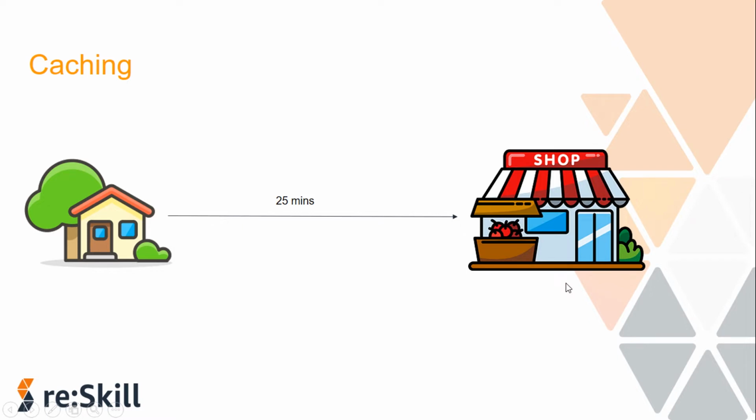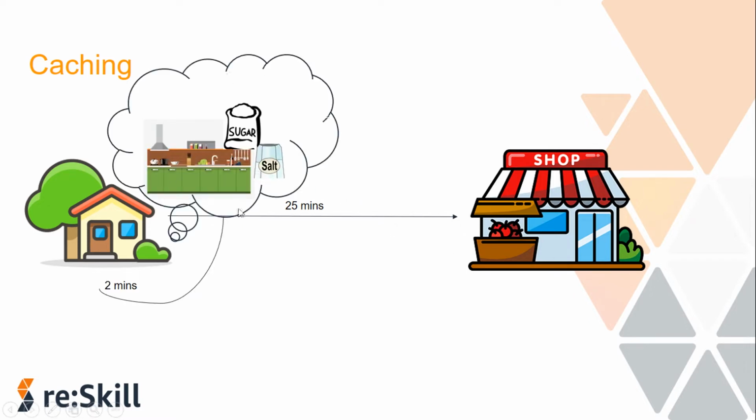But usually what you do, you have brought a lot of things in, like you have kept a stock in your home. Okay, let's say some 5 kgs of sugar and 5 kgs of salt or something, whatever you need, you have kept in your home, so that for frequent usage whenever you need, you do not have to go and travel 25 minutes to the grocery store. You can take it from your home only.